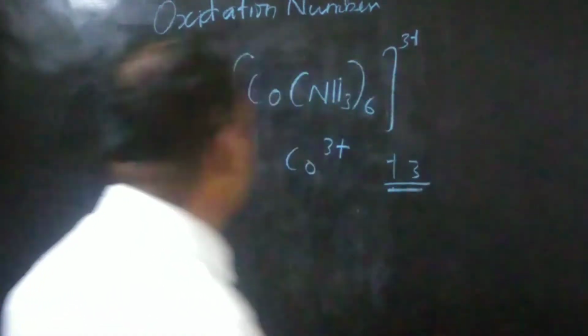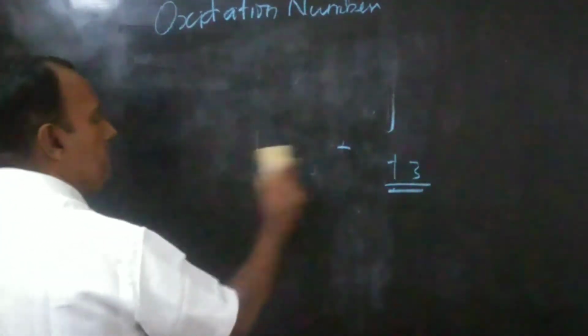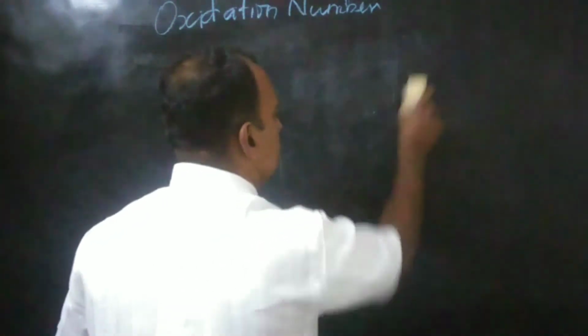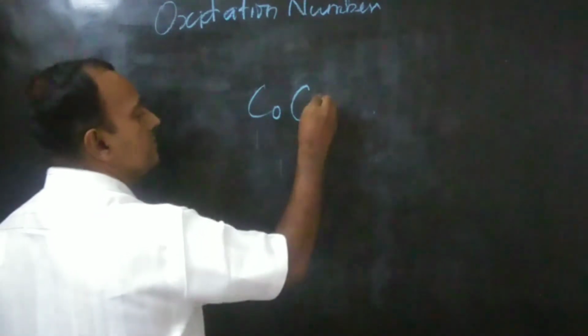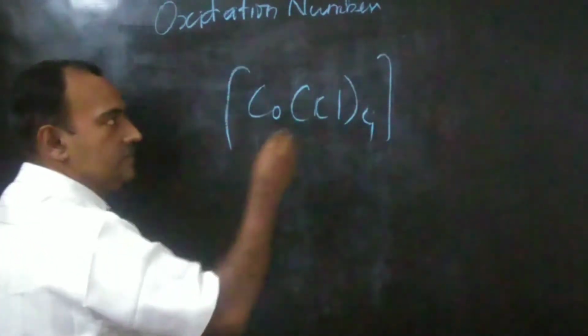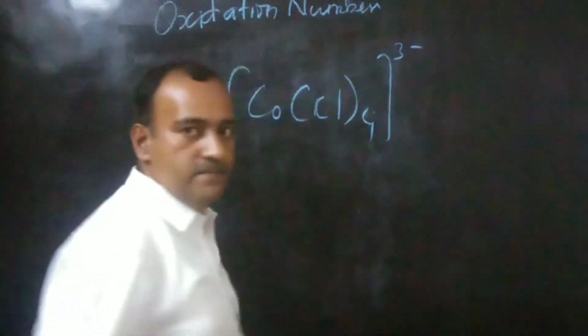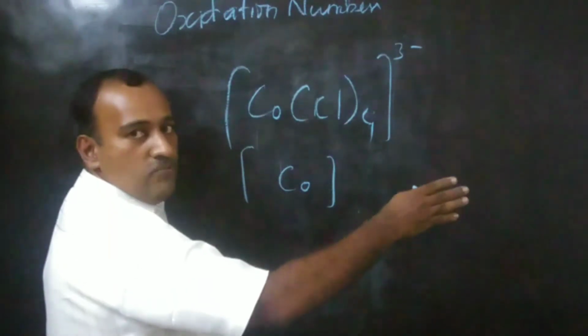Similarly, let us take another example, [CoCl4]3-. So we are removing 4 Cl outside.